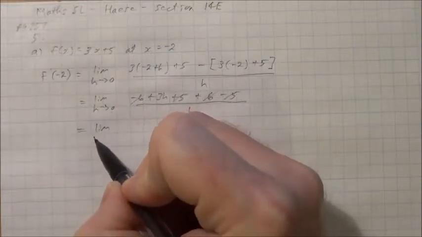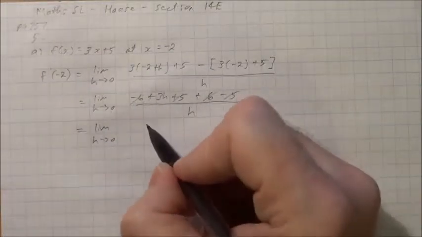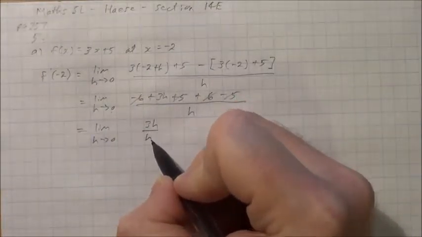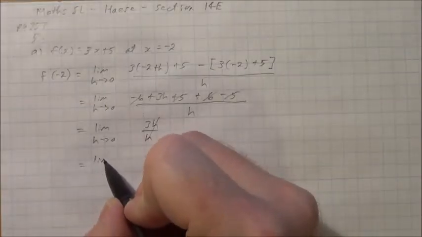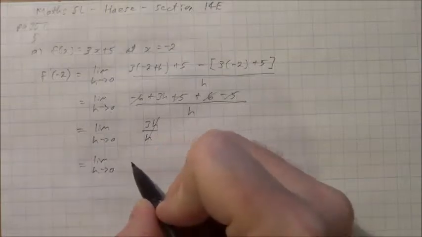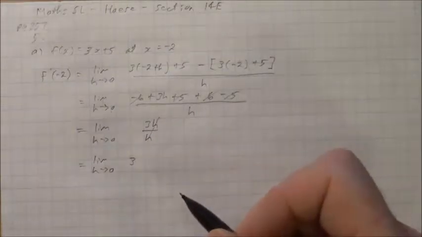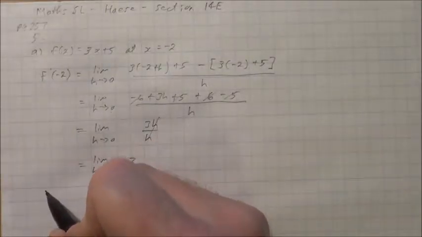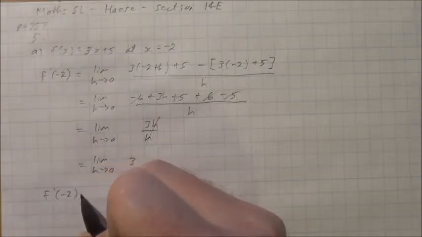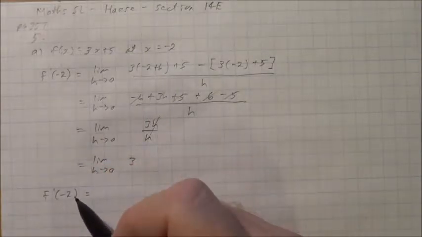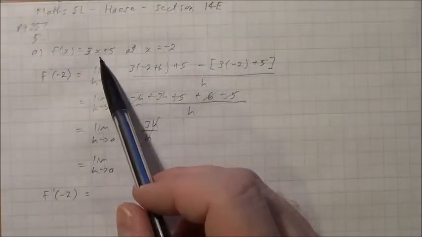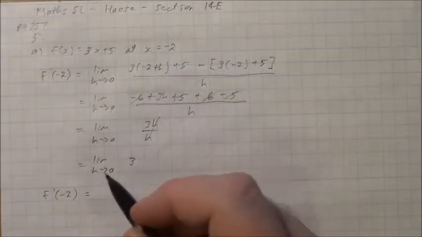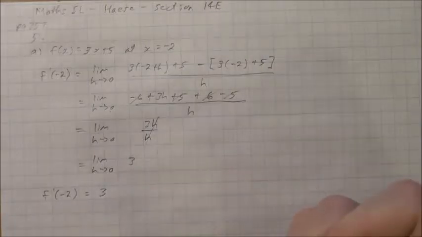So we're left with the limit of 3h over h as h approaches 0. The h's can simplify down, so we're left with the limit of 3 as h approaches 0. Therefore, f prime of negative 2, or the gradient of this function at x equals negative 2, is 3.